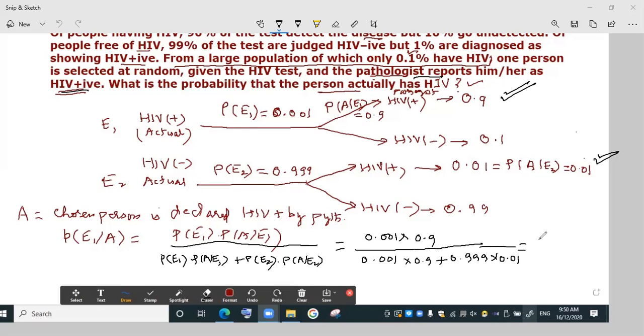So approximately you are getting 90 in the numerator and the denominator will become 1089, and the final result will be approximately 0.083. So this is the probability that a person selected at random is actually having HIV, given that he is tested positive. Okay, so this is the probability which was asked.